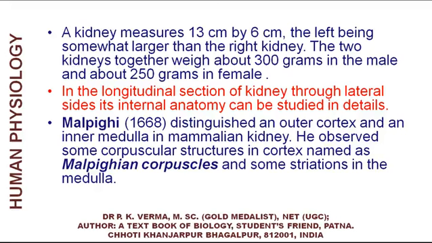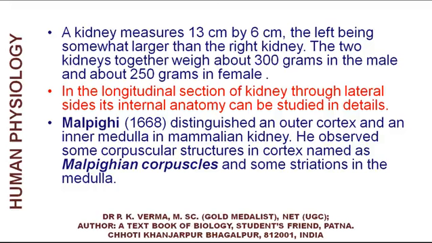Malpighi, who is honored as father of microscopic anatomy, at first described the internal structure of kidneys. He observed two distinct parts inside the kidney. The outer is called cortex and the inner is medulla.